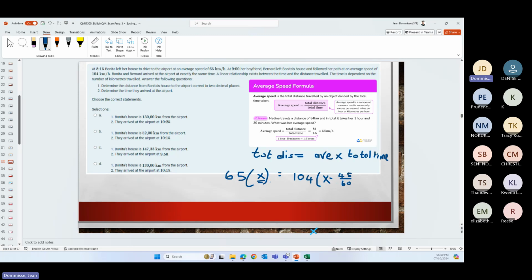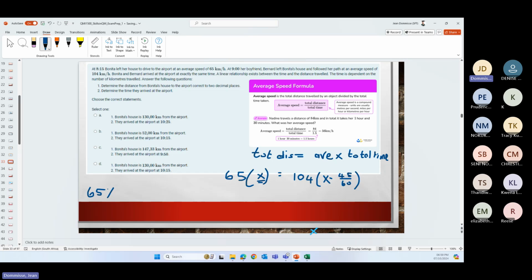Okay, so that means we can put these two as the one is average speed times the total time. He is driving average speed times that total time. So then we actually have a nice formula that we can work with.